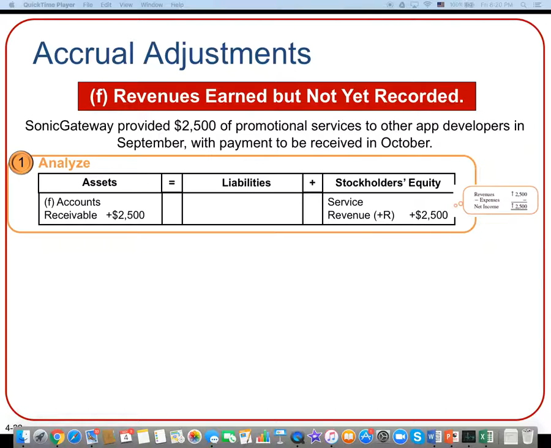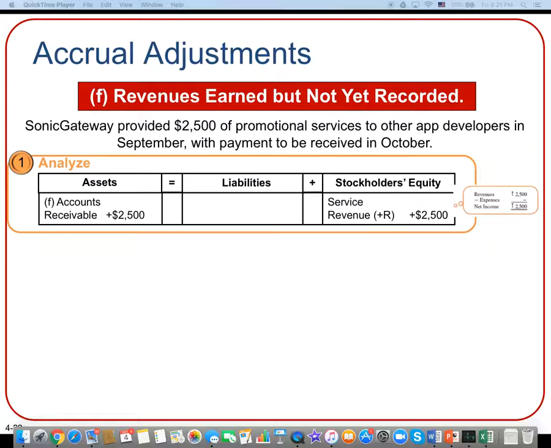So you already provided this service in September. The word "provided" means you already finished your earning process. So in that case, according to the revenue recognition principle, we should record our revenue.